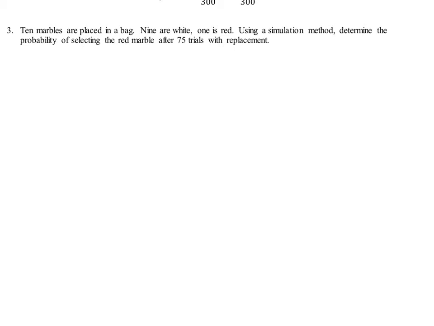All right. So in this case, we're talking about marbles, but the bottom line is it's really the same underlying concept. So we have to design the simulation method first, and then carry out the simulation method using the calculator.